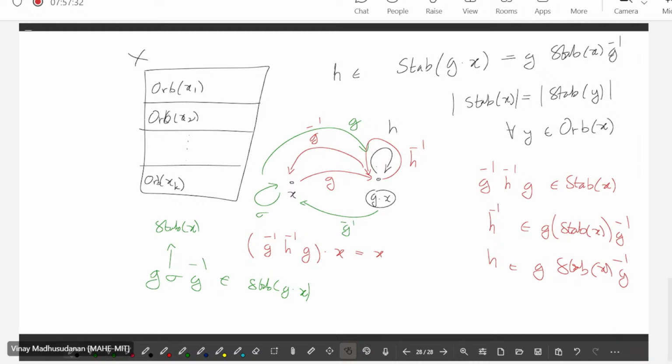So any two elements in the same orbit have stabilizers of the same order, not equal stabilizers, stabilizers of the same order. We're only doing counting now. This is true.